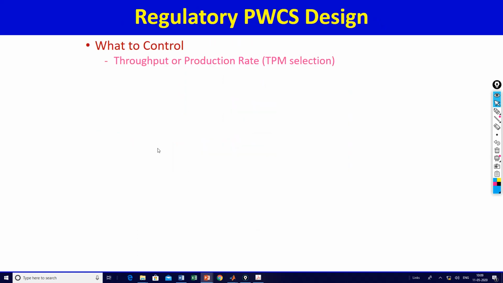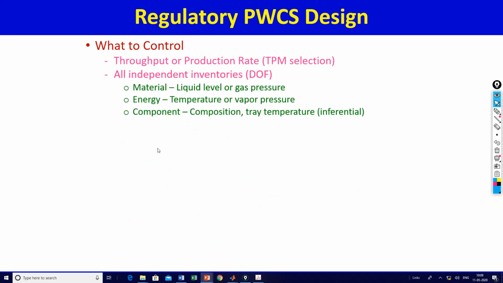Now, when you are designing the regulatory plant-wide control system, the key issue is what to control. Well, first and foremost, throughput or production rate. You will have to choose a throughput manipulator, and once the throughput manipulator has been selected, the inventory control system, the loops for closing material and energy balances are designed around that throughput manipulator.